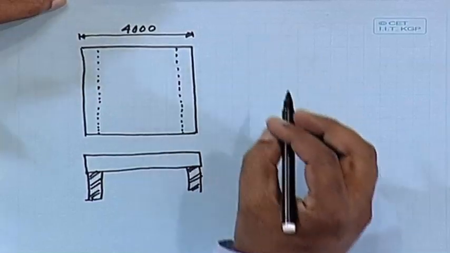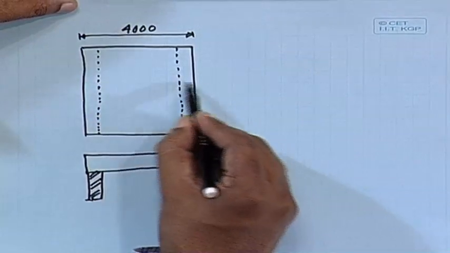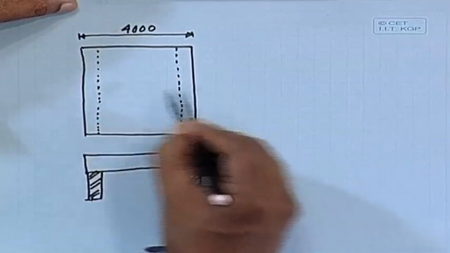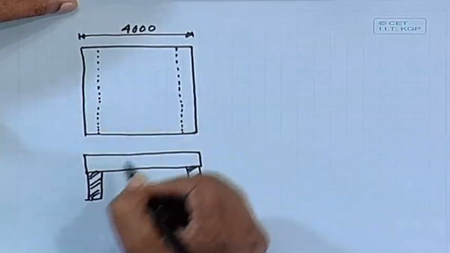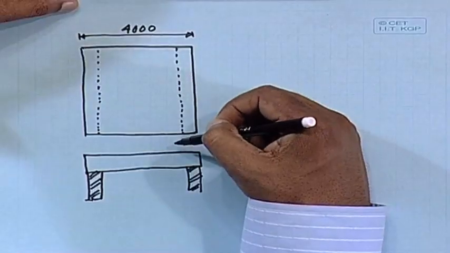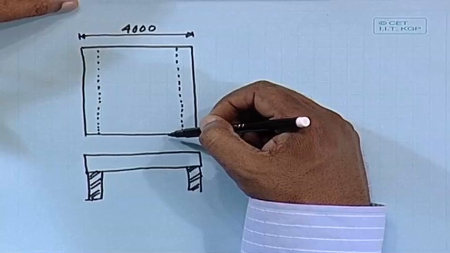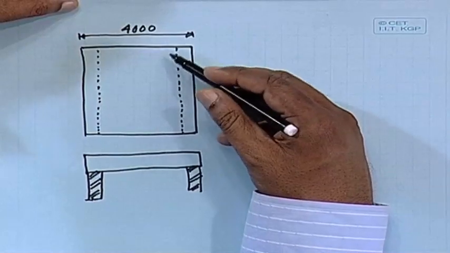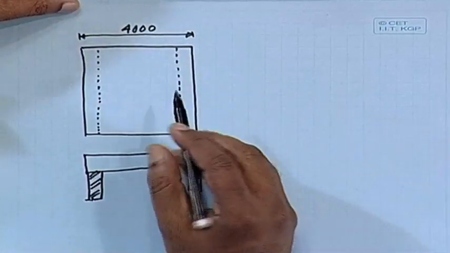What we shall do? We can just simply provide the reinforcement as one horizontal line, but we have to provide the reinforcement at the bottom as well as at the top. So, in the support also, we shall provide certain nominal reinforcement. If we have to provide that nominal reinforcement here, then what we shall do?